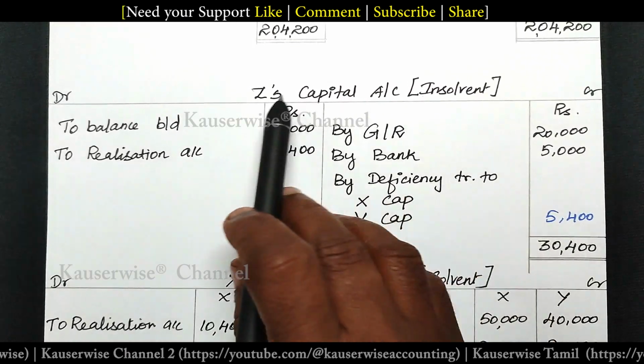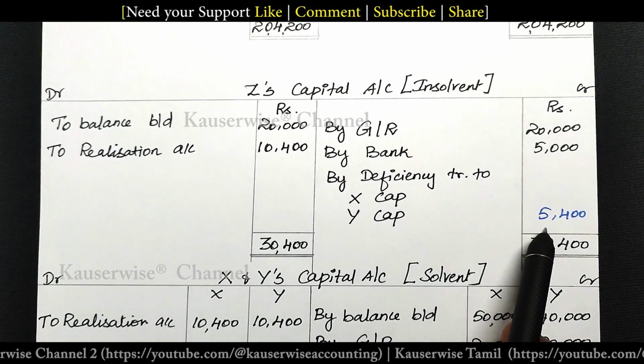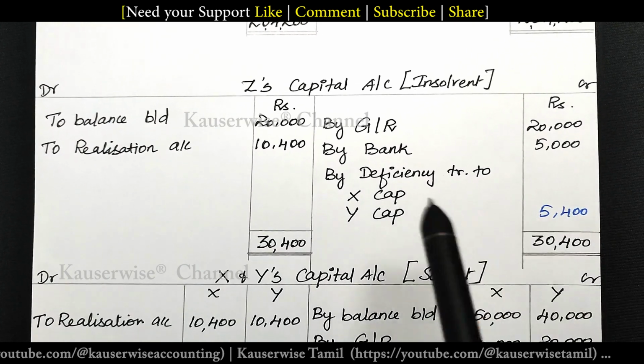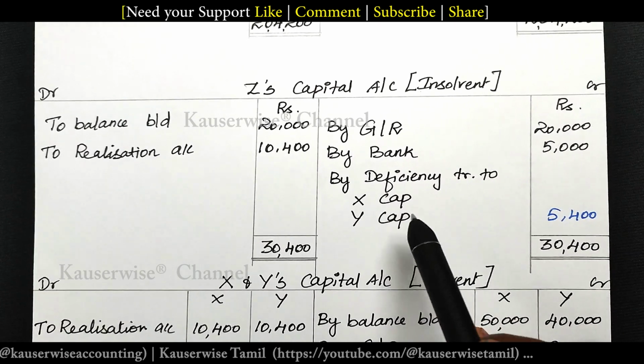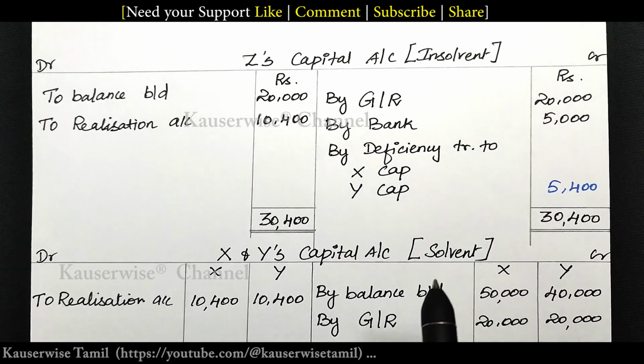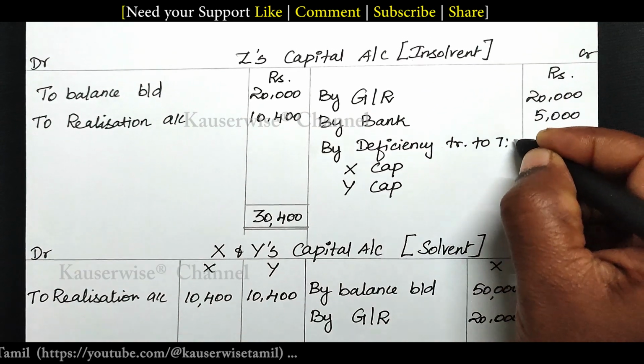Now see the solution. See the insolvent partner's capital account. We have got a deficiency. How much? 5,400. This will be borne by the solvent partners according to the adjusted capital ratio. So what is the adjusted capital ratio? 7 is to 6.